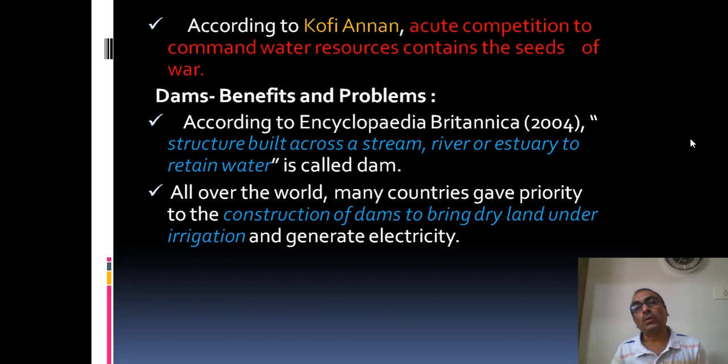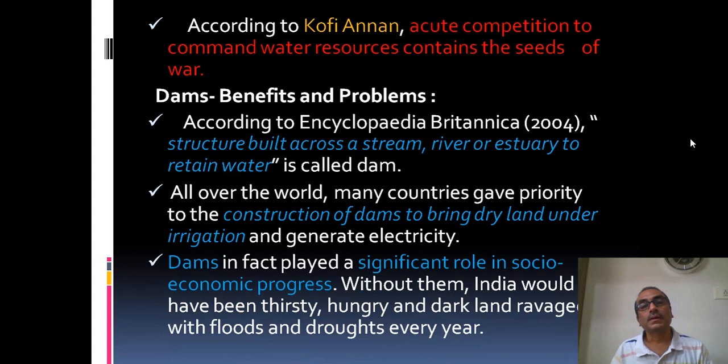Now, all over the world, many countries give priority to the construction of dams. Why? To see that dry land can be converted into agricultural fields by irrigation. Also, if we have dams, the same water can be channelized to rotate the turbines in hydroelectric power stations to generate electricity. Dams in fact play a very significant role in the socio-economic progress of any country.